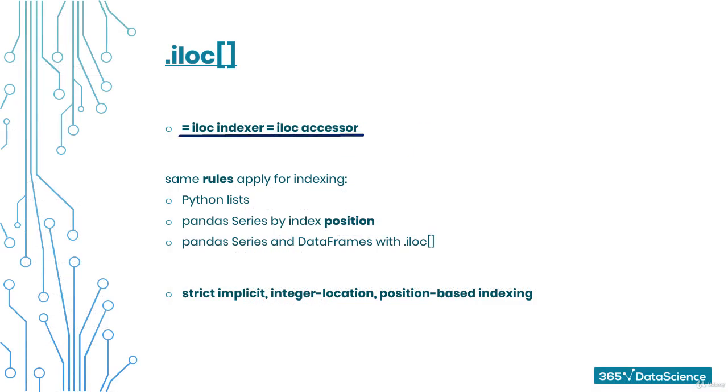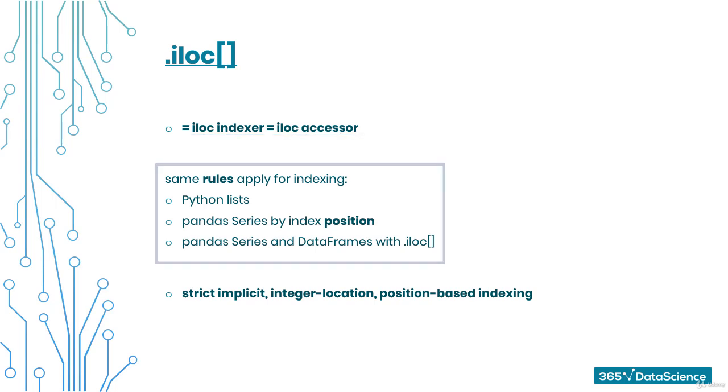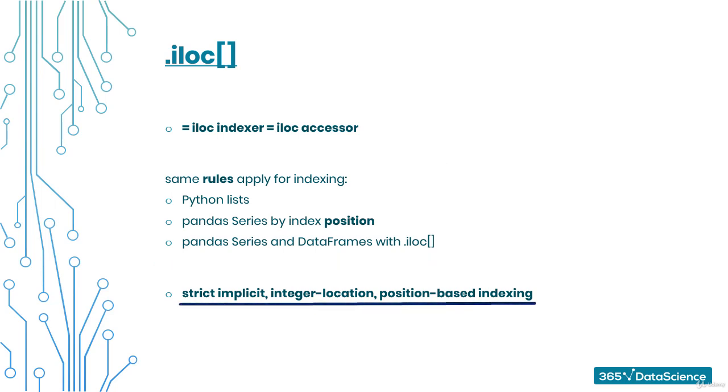The same rules apply for indexing Python lists, indexing series by index position, and indexing with iloc. The reason is that Python handles list and array type structures, such as the pandas data frame, in the same way. What distinguishes the iloc method is using the strict implicit integer location position-based indexing.